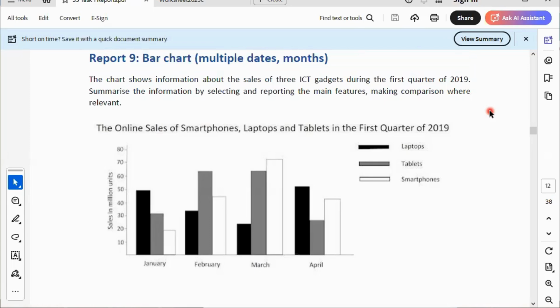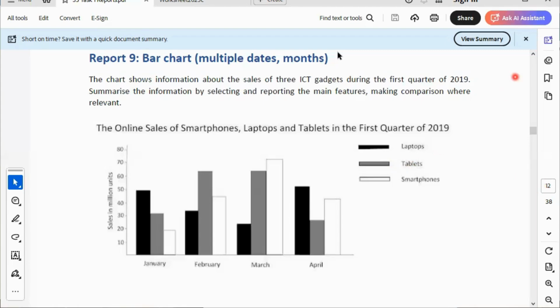Which one of the two? Okay, somebody says both. Somebody says comparison, just one date.